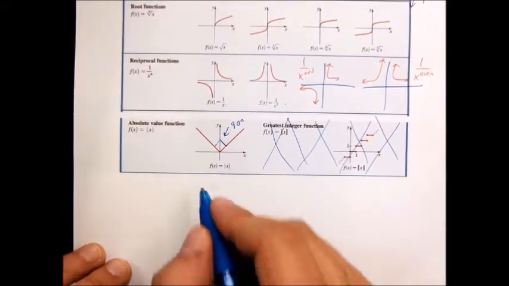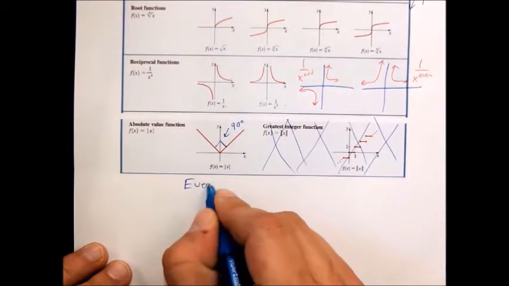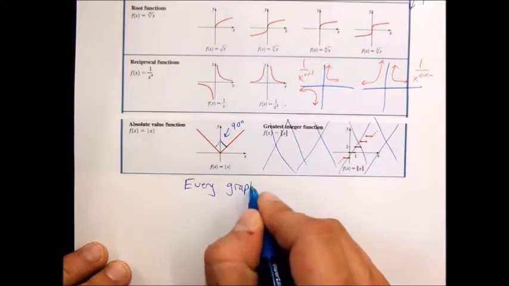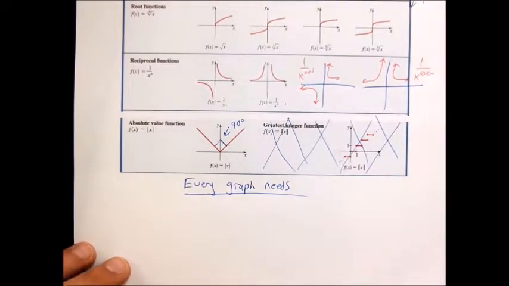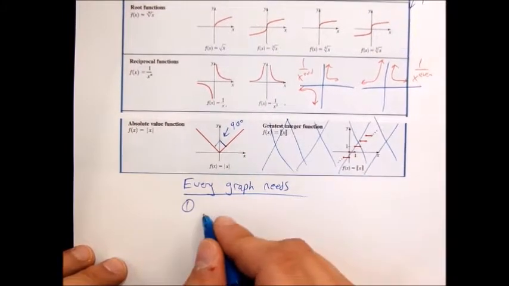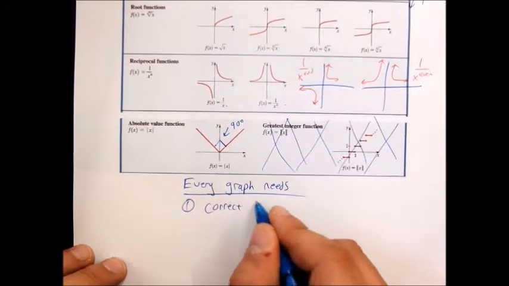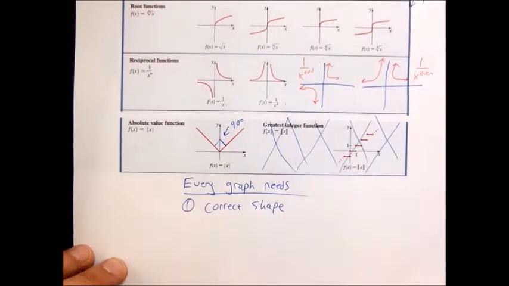there's 3 things that I'm looking for when you graph something. Every graph needs the following things. So when I grade a quiz or a test, I'm looking for these 3 things. Number 1, the correct shape. That's where this page comes in. Looking for the shape to be correct.